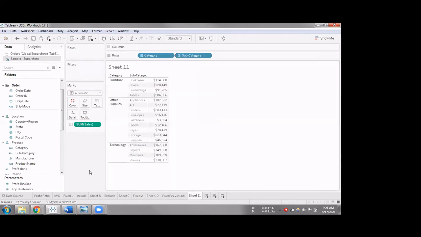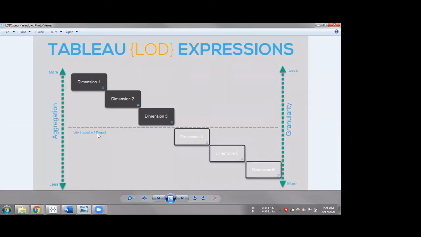There's a simple chart. This particular image will explain the same correspondence between granularity and aggregation. Think of it this way. Let's assume there is some measure that we are looking at, and that is viewed at a certain dimension.